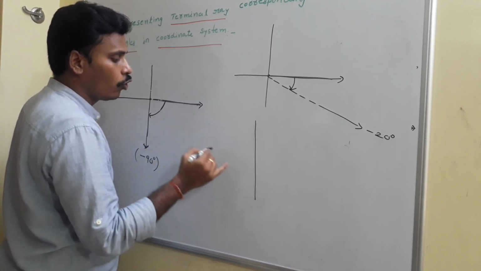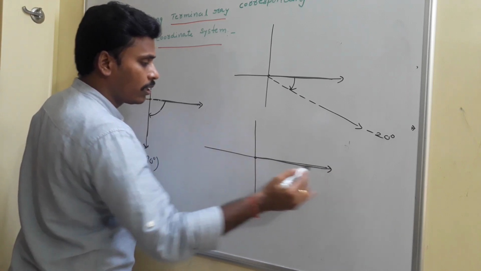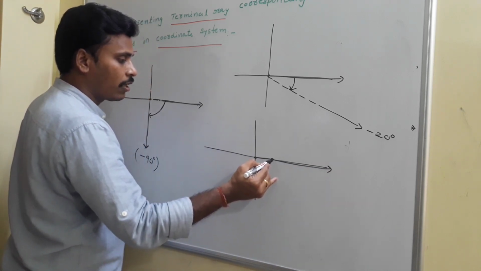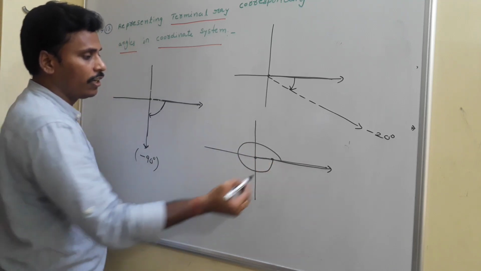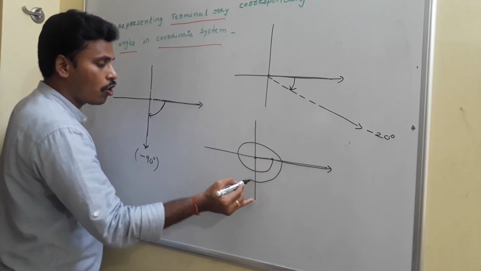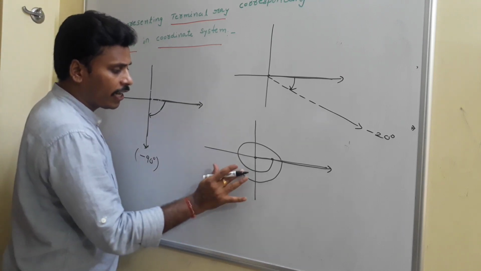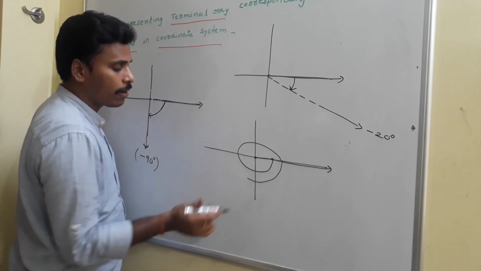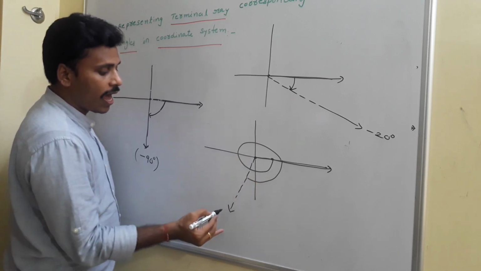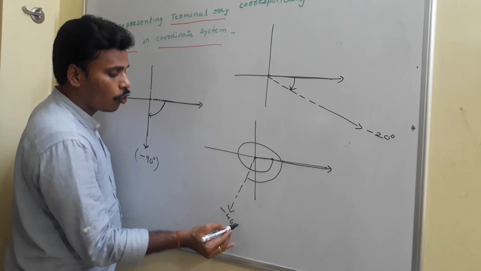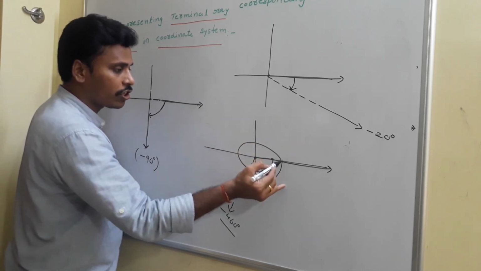In another case, rotate in clockwise direction. This is the terminal ray. Try to complete one complete rotation. There ends 360 degrees, and rotate some more, say 100 degrees. Yeah, 360 plus 100, then this terminal ray corresponds to an angle of minus 460 degrees. Is it clear? One rotation indicates 360 degrees.